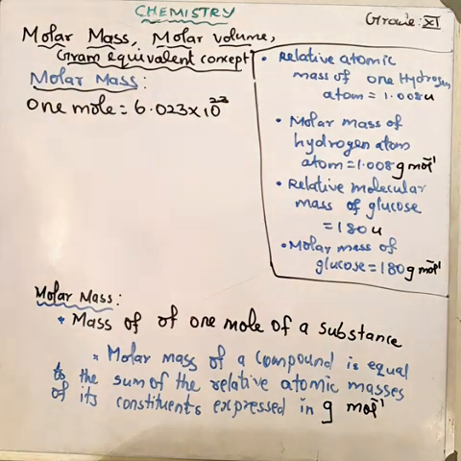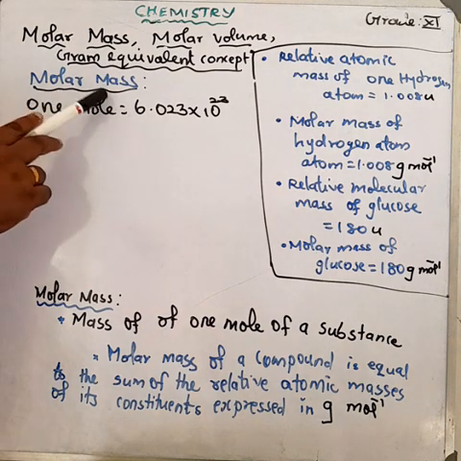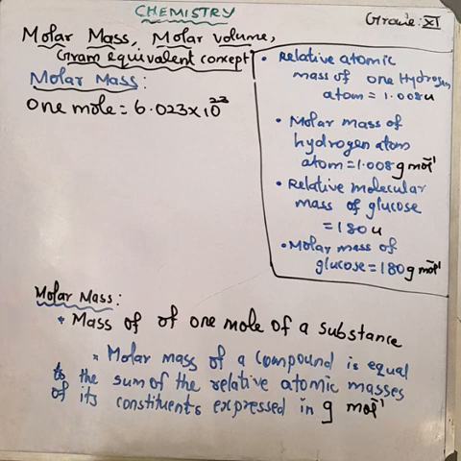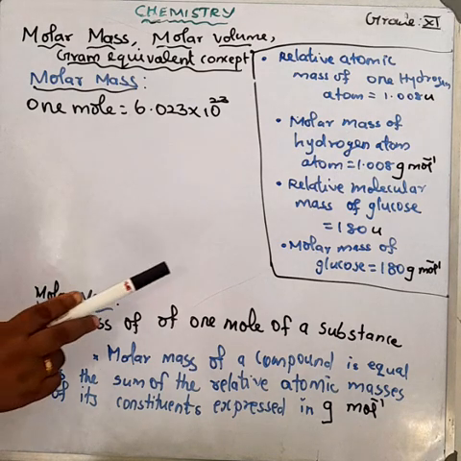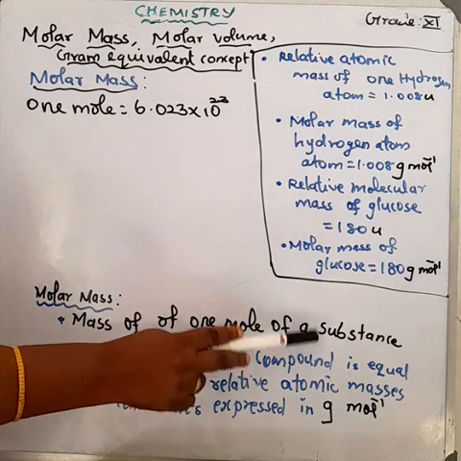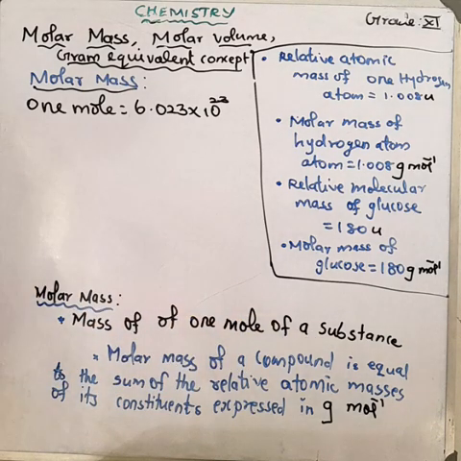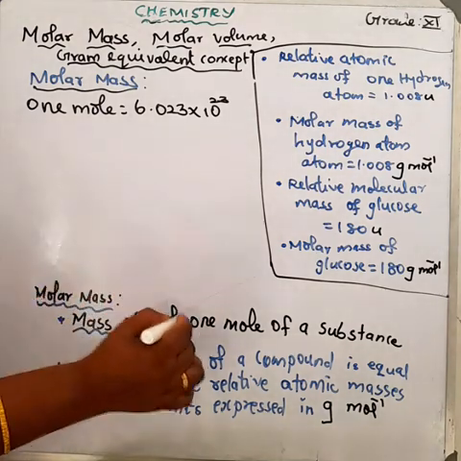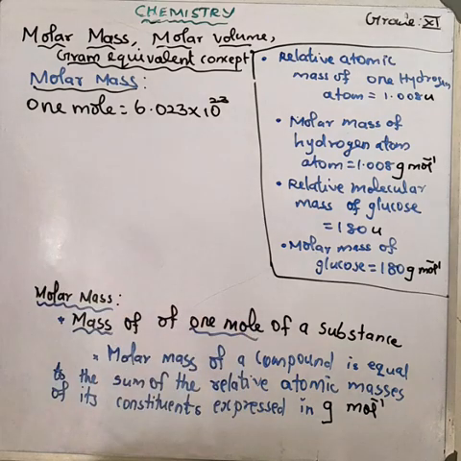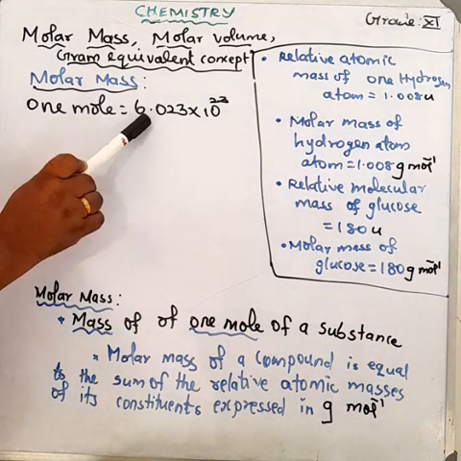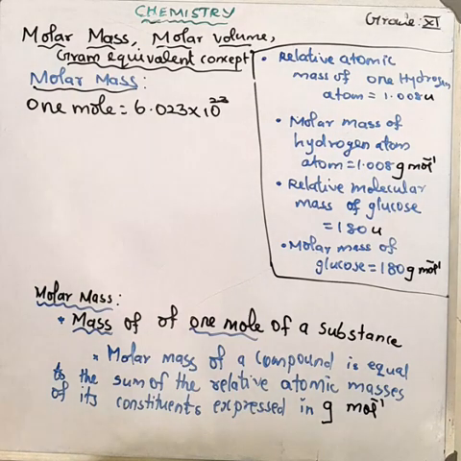So today, what do you mean by molar mass? Molar mass is defined as the mass of 1 mole of substance. 1 mole means 6.023 into 10 power 23 entities, atoms, ions or molecules.